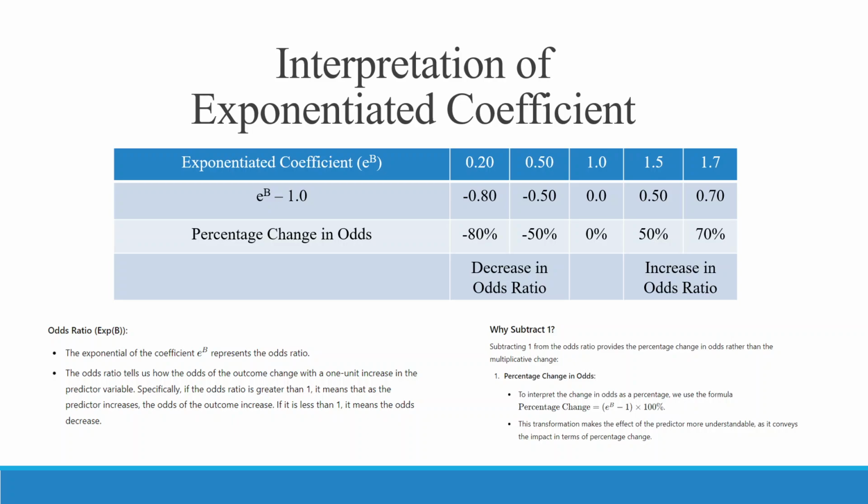Our entire interpretation will be based on what is coded as 1. So, what will we write? Let's say this is contributing towards what is coded as 1, an increase in odds ratio. And if it is negative, it is a decrease in odds ratio towards 1. You will understand this in the example which we are going to take.